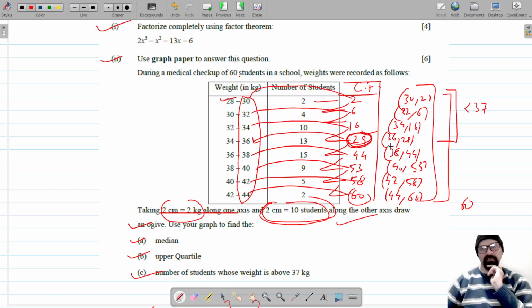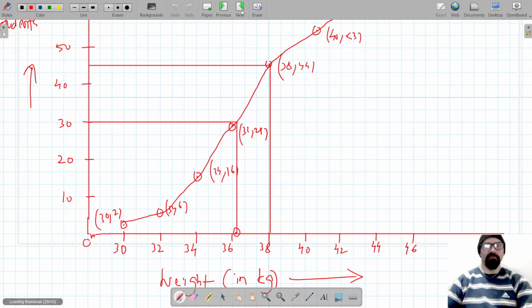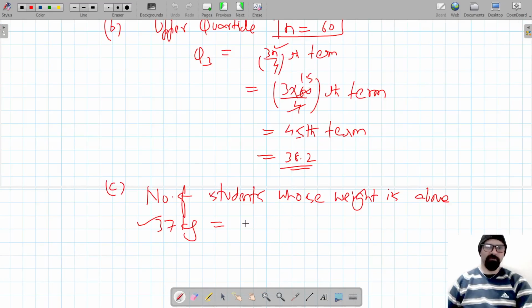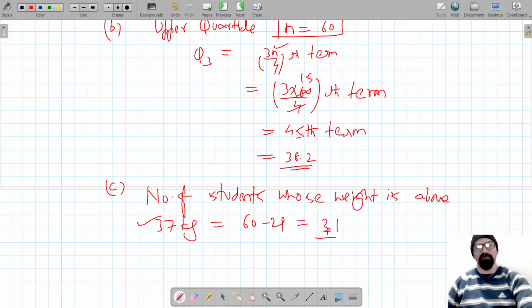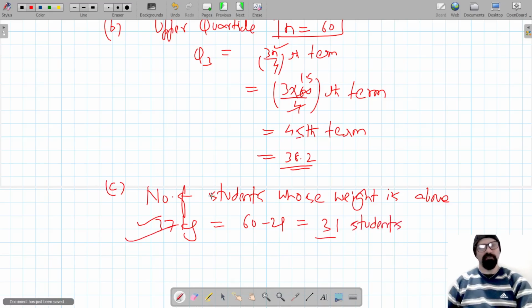Greater than 37 kg will be 60 minus these 29. So 60 minus 29 will be the number of students whose weight is above 37 kg. That gives 31. So 31 students have weight above 37 kg.